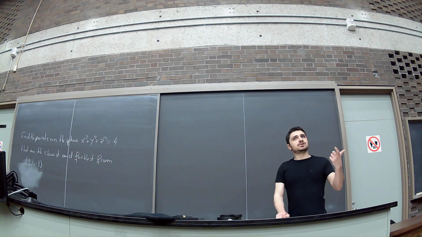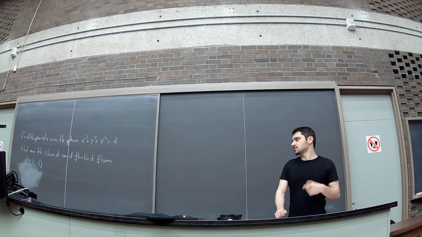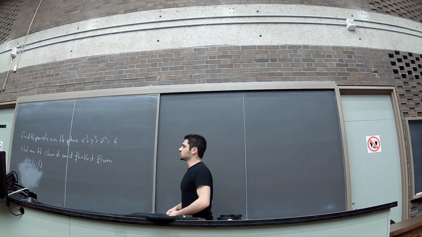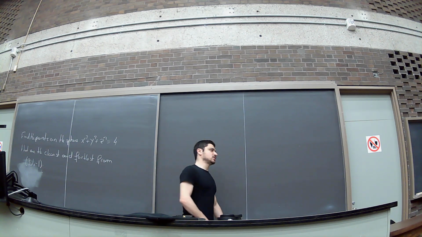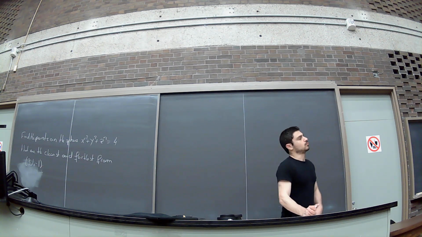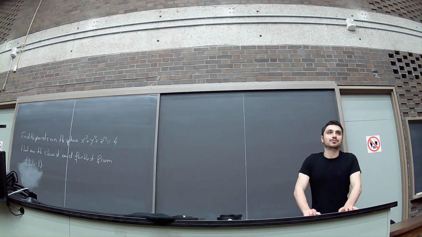I need a point on the sphere whose distance to the point 3, 1, minus 1 is the smallest, and another point on the sphere whose distance is the farthest.